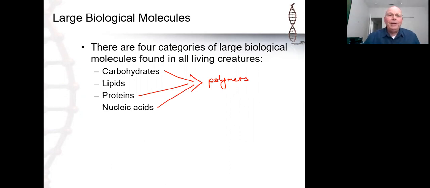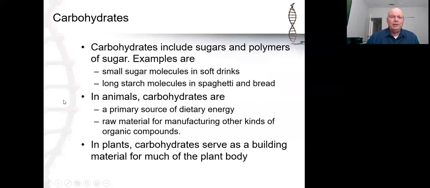So as we talk about the different types of macromolecules, we'll talk about, in the case of the polymers, what the monomers are. And we'll look at the different types of monomers that create the different types of polymers. And of course, we'll address the molecules that are assembled together to form lipids as well. First group we're going to talk about, carbohydrates.